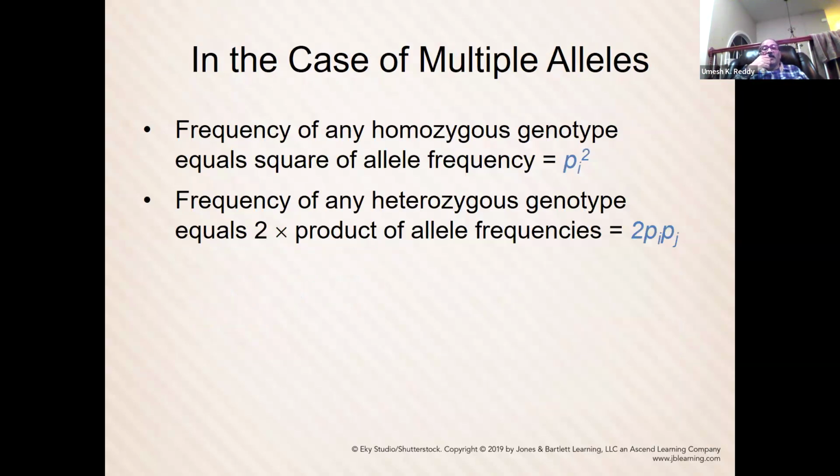So multiple alleles are there, like blood groups. Some people are A group, some people are B group, AB group, O group blood. Even in case of multiple alleles, you can estimate the frequencies. Now p_i to p_j are different kinds of alleles. You can estimate the frequency of A group blood, B group blood, O group blood, and AB group blood.